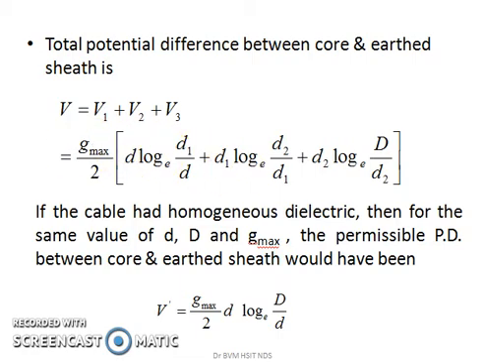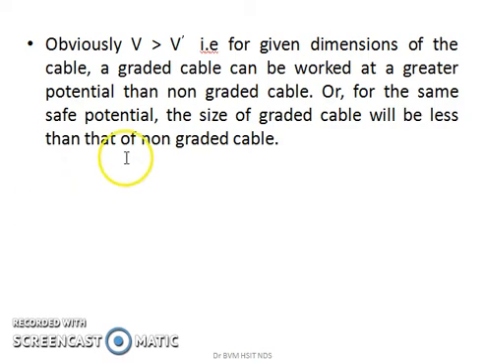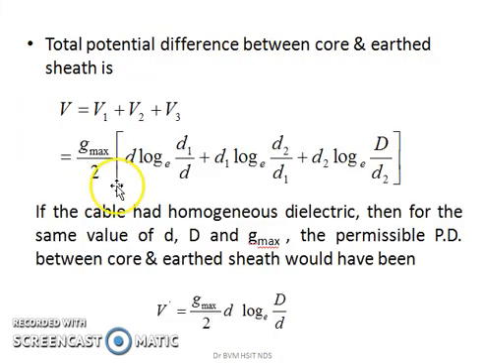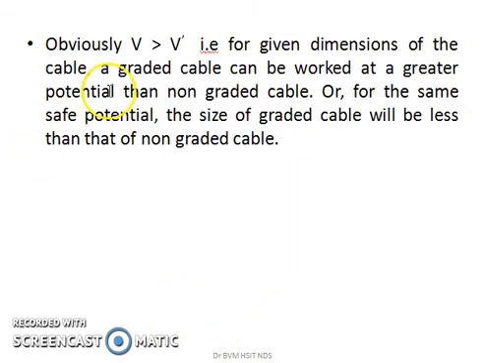So let us say now, obviously, what is this V? See this V. This V is greater than V dash. You can see this. Correct now? Obviously, V is greater than V dash.